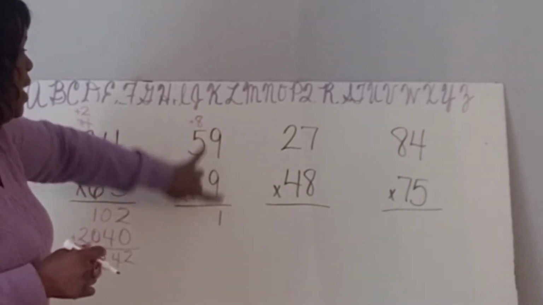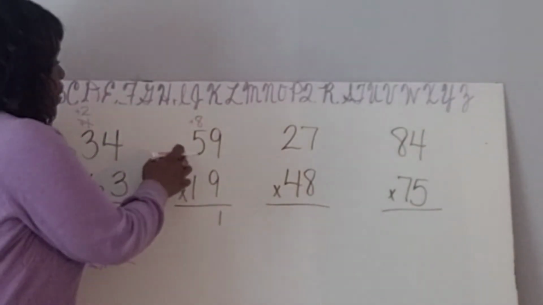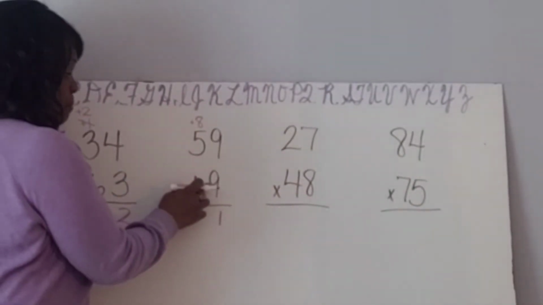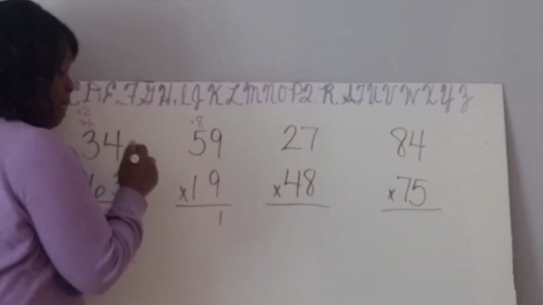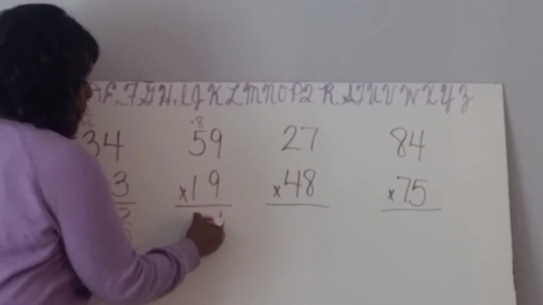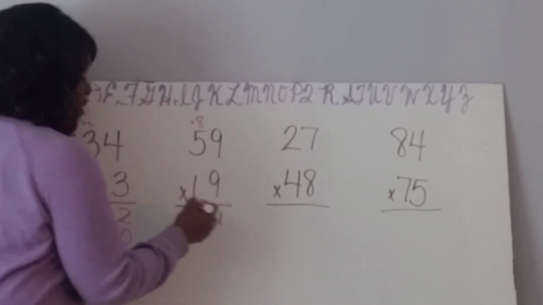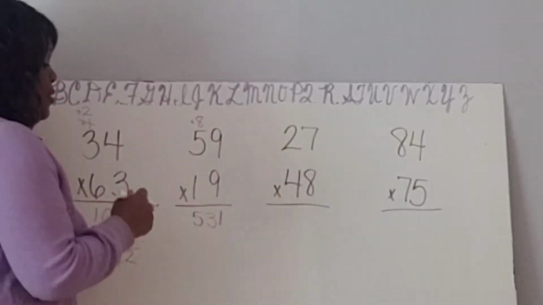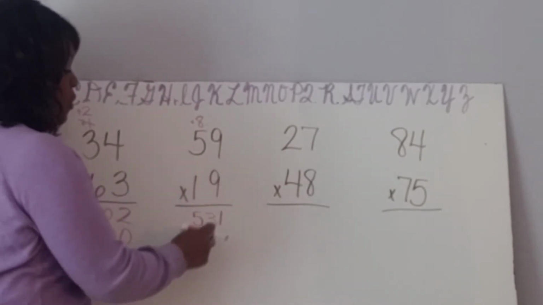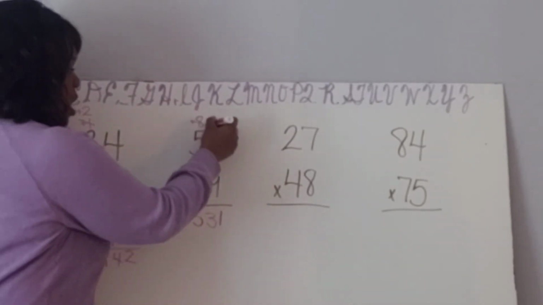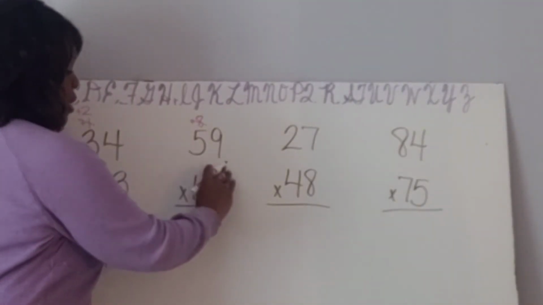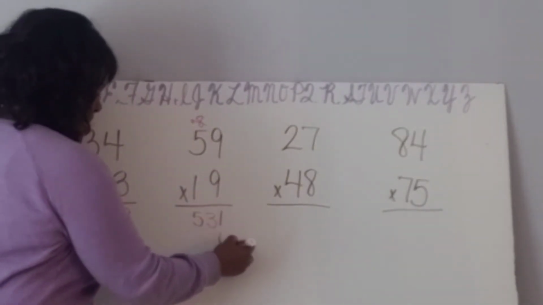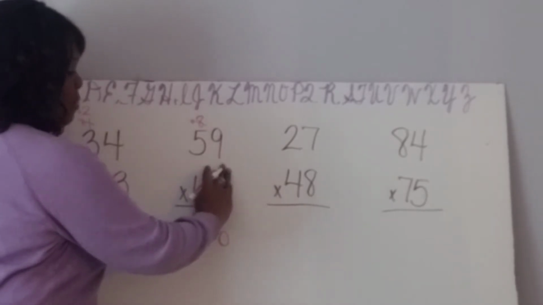We want 81, okay? Then we multiply 5 times 9. 45 plus 8. Oh, I heard somebody. Yes, 53. So my answer would be 531. Cross off my carryover number and then put my 0 and then cover over my ones place.